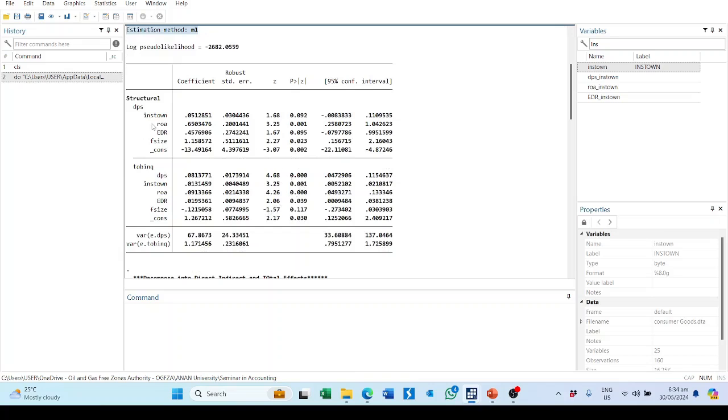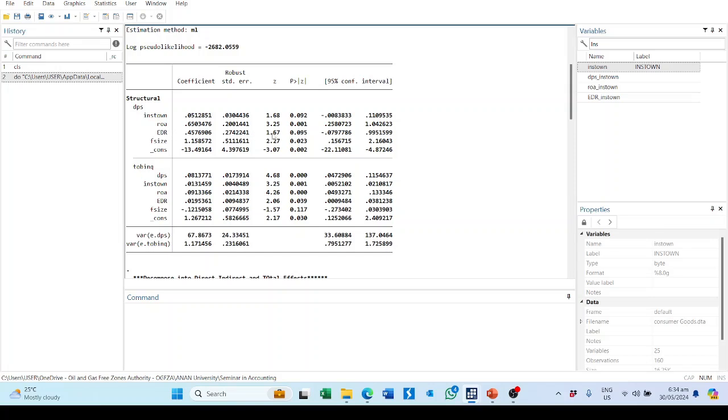Let me give you a quick interpretation. The effect of institutional ownership on dividend policy is insignificant because the p-value is greater than the 5% threshold. ROA is highly significant at less than 1%.